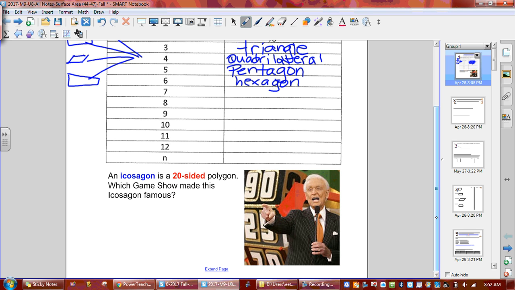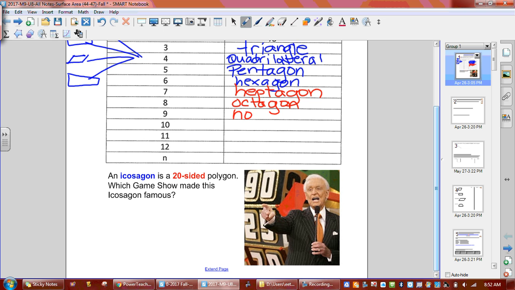Okay. Number 7. What would a 7-sided figure be called? Nice try. We would think septagon. Heptagon with an H. 8, like stop signs: octagon. 9: nonagon.